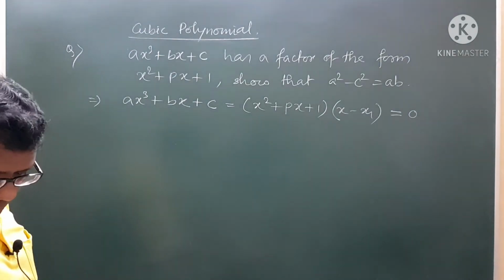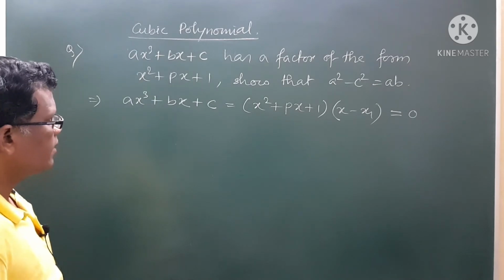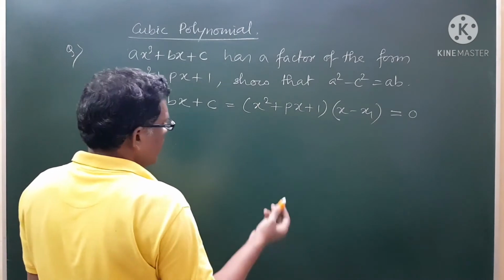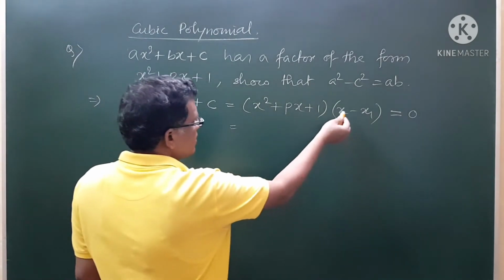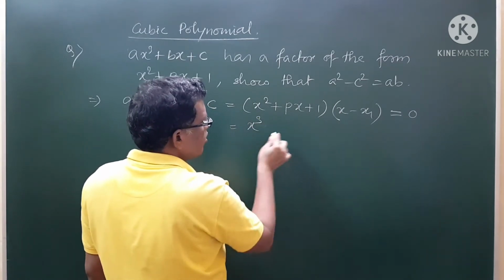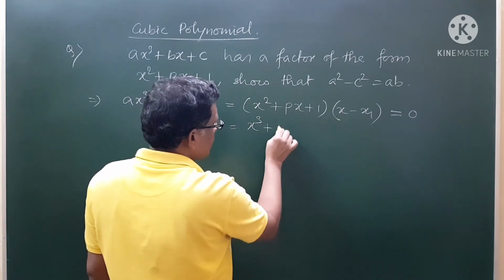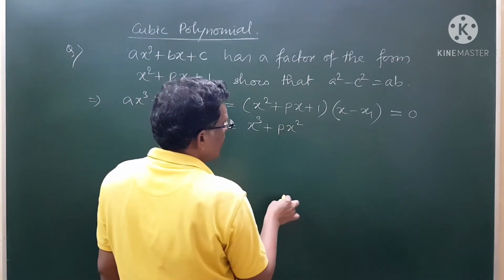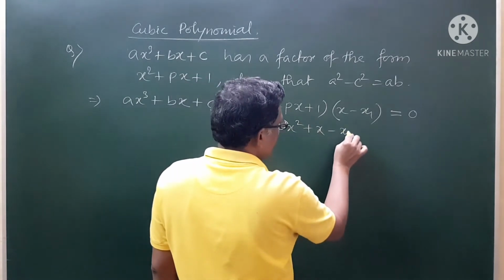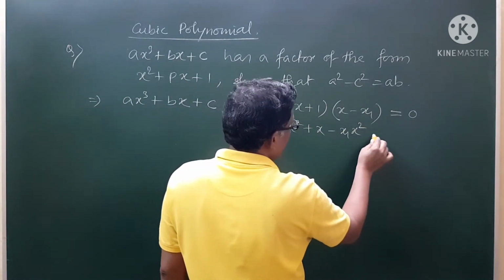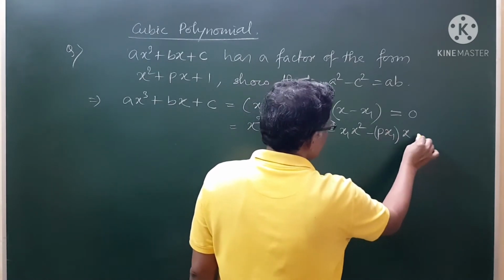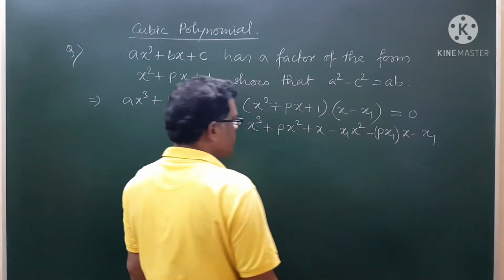So if we multiply this, I can write down this is x cube and then it is px square plus x, then again minus x1 into x square minus p into x1, that into x minus x1, right?